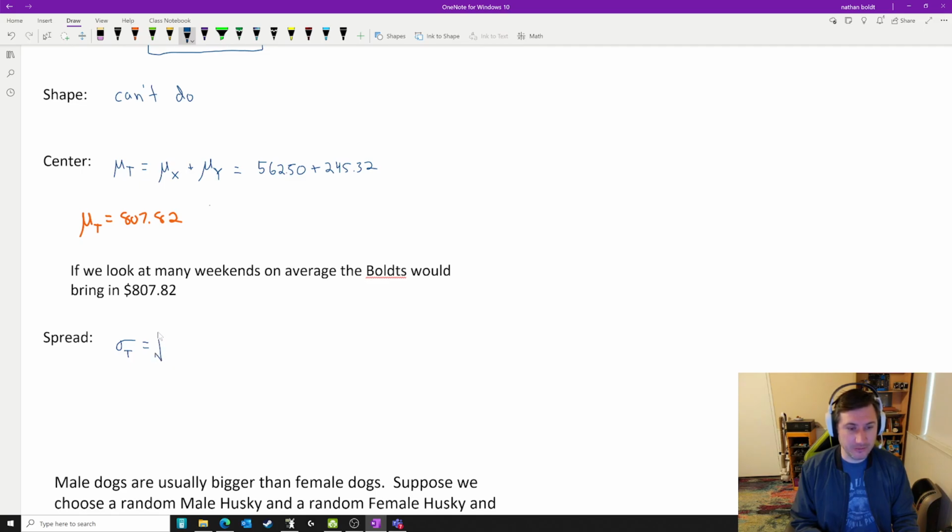It's the square root of the first standard deviation squared plus the second standard deviation squared. So the mathematical rule is you can't add standard deviations.